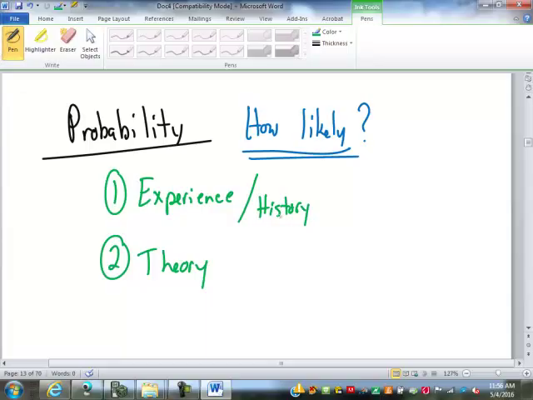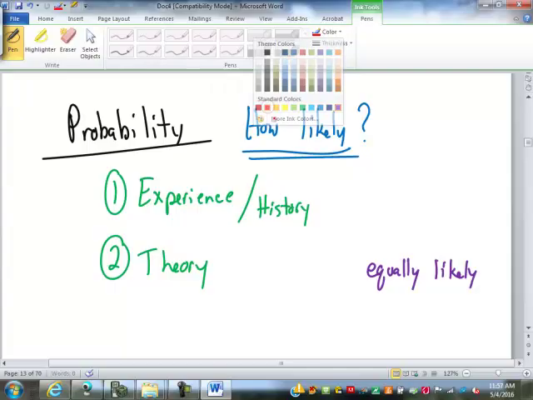If we have things, especially if they are equally likely, that's a big term in statistics and probability. Equally likely means that there's the same chance that anything will happen. Like flipping a coin, it is equally likely to get a heads or a tails. So the probability for that can be based on theory.